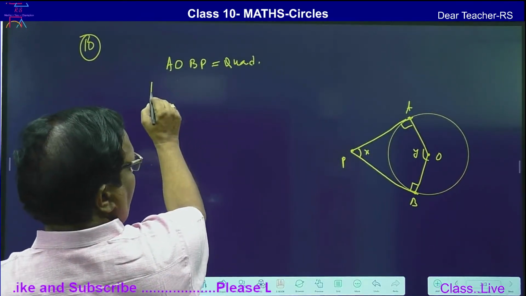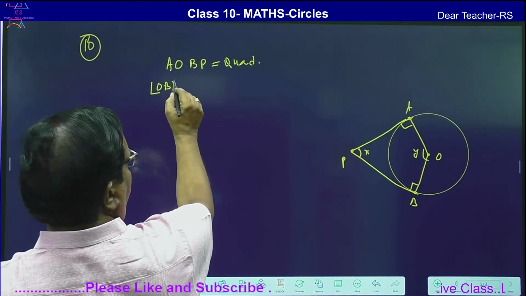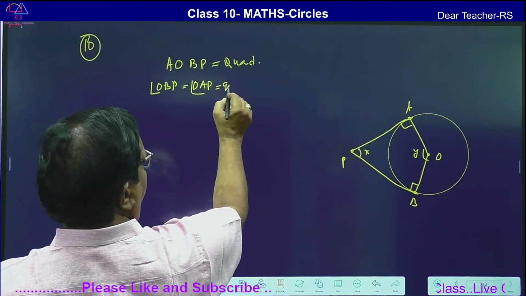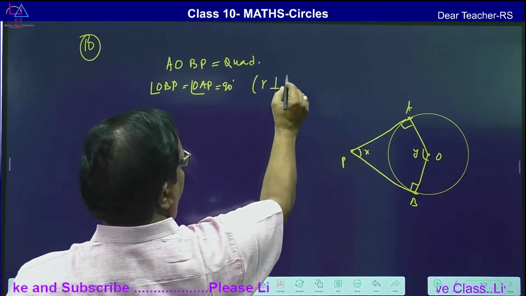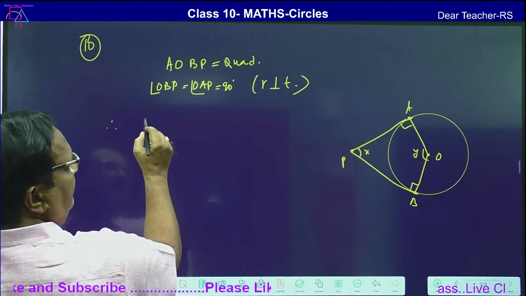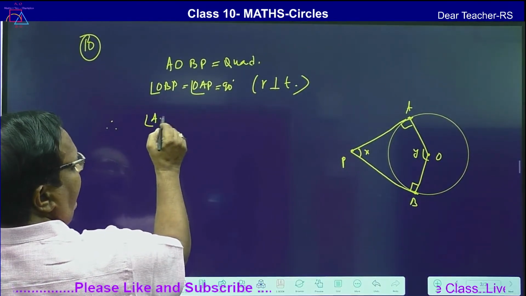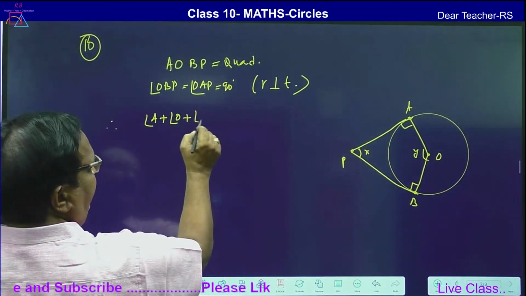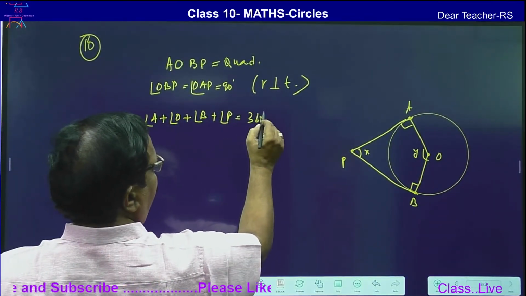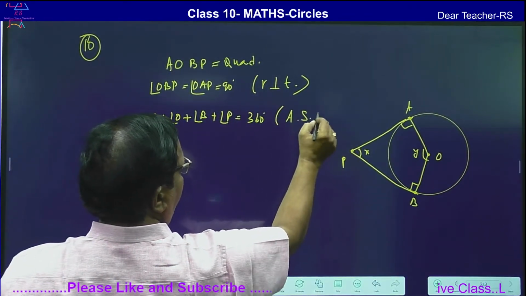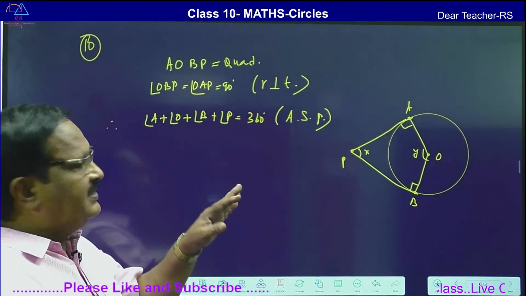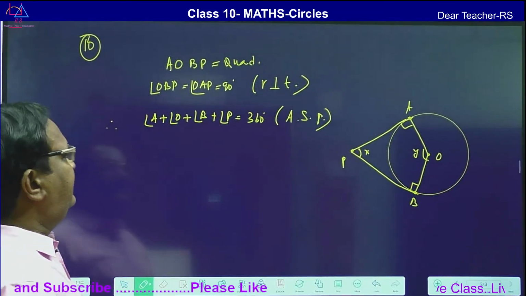Okay, now these two angles are 90 degrees. Angle OBP is equal to angle OAP is equal to 90 degrees because radius is perpendicular to tangent. Therefore, sum of angles, angle A plus angle O plus angle B plus angle P is equal to 360 degrees. Angle sum property of a quadrilateral. The sum of all the four angles is equal to 360 degrees.